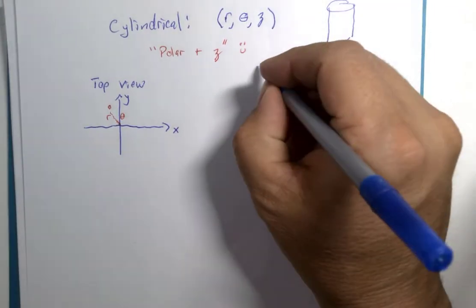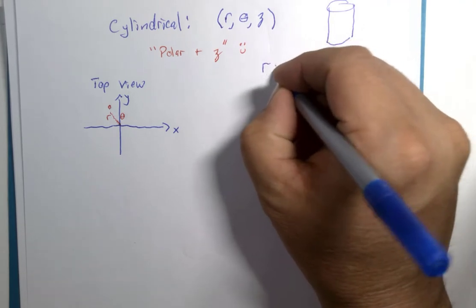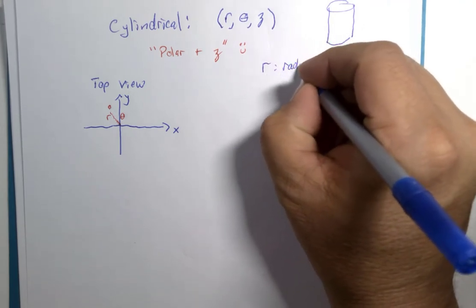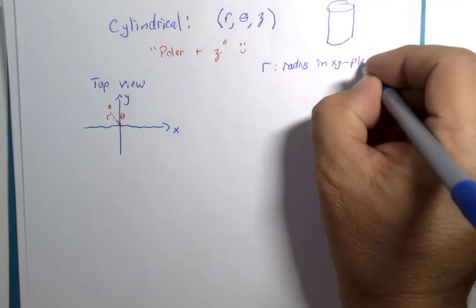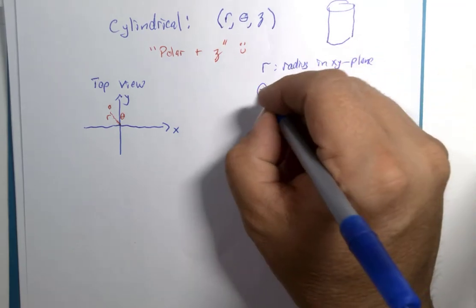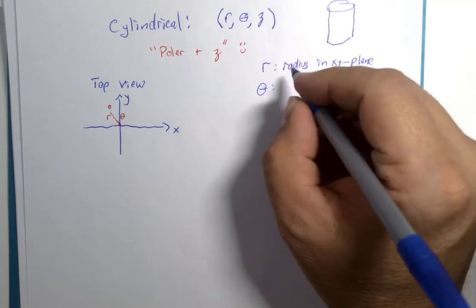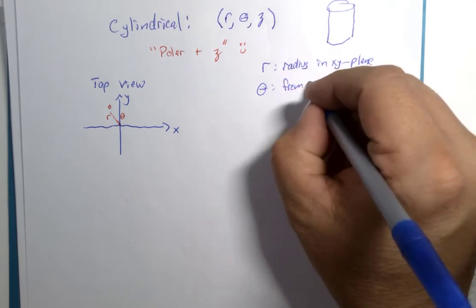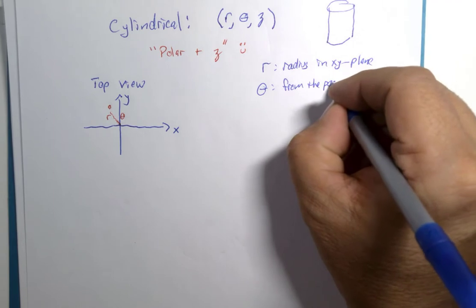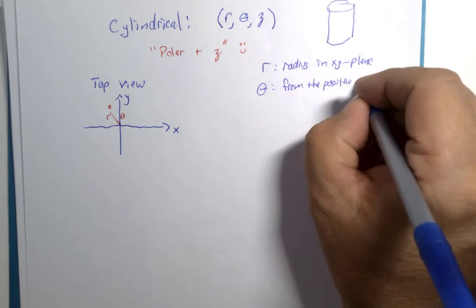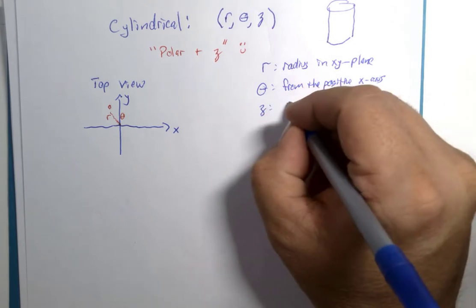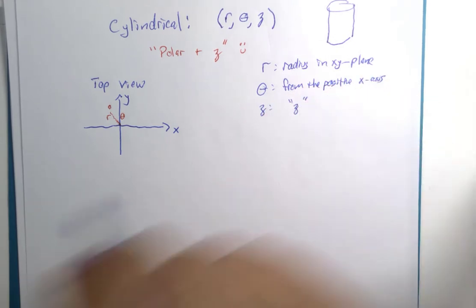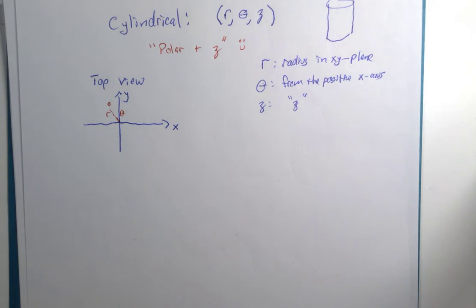Okay, so we have r, which is the radius in the xy plane. We have theta from the positive x-axis, and we have z, which is z. There's nothing else to that.